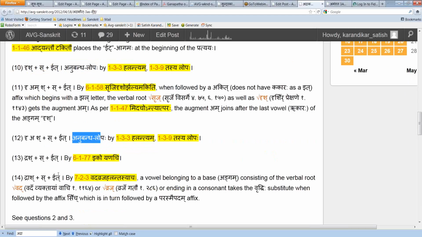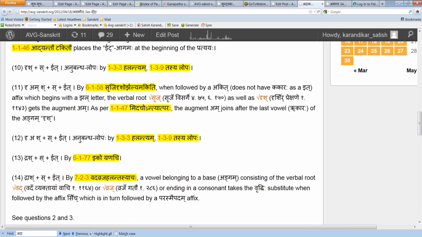Now remember, vada vraja halanta syacha. We do have an angam ending in a hal. We do have a sich, which is itself followed by parasyapadam. Anuvritti of parasyapadeshu comes down. 7 to 1, sichi vriddhi parasyapadeshu. And neti doesn't apply here because it doesn't have any agamaha.